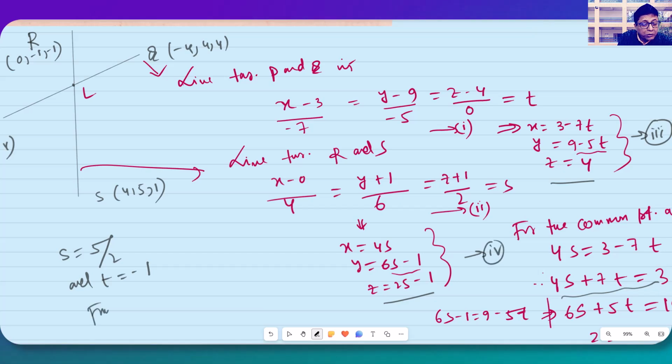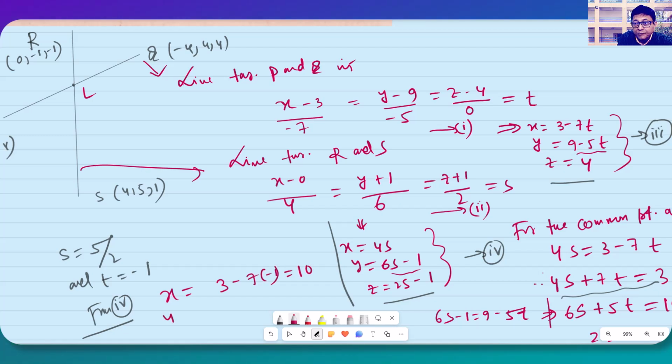From 4, if we put the value of t over there, x is coming to be 3 minus 7 into minus 1, this is 10. y is 9 minus 5 into minus 1, that is 14. And z is equal to 4.